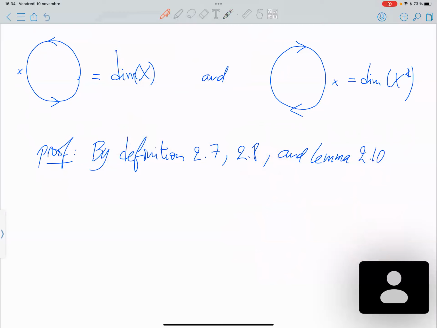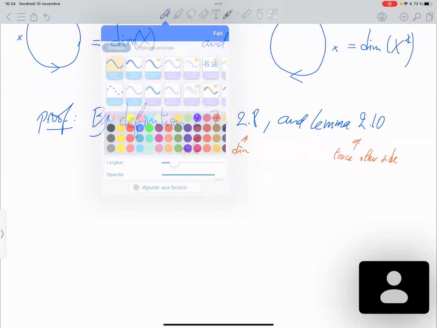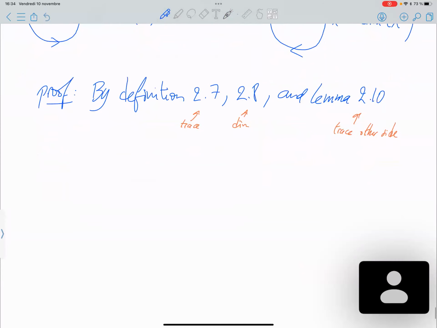So the trace, definition of dimension, and this is the trace other side. Okay. So you have this by definition.